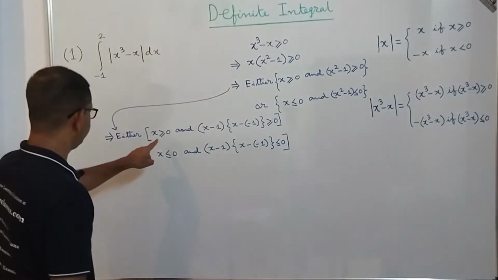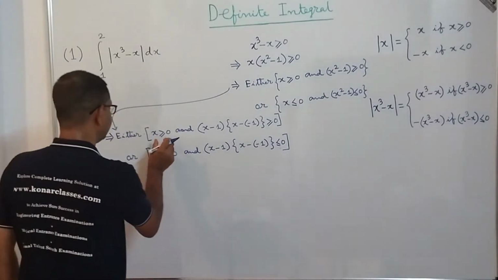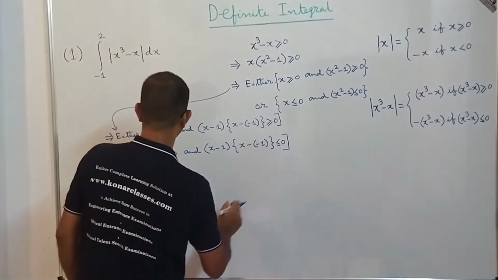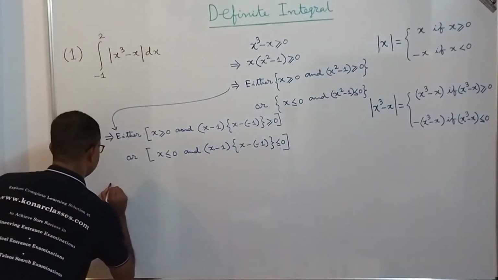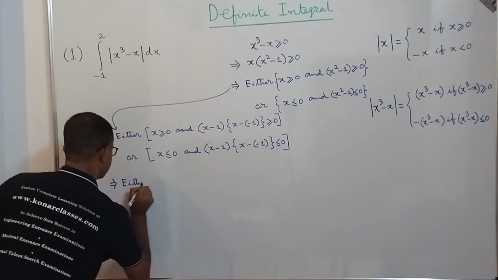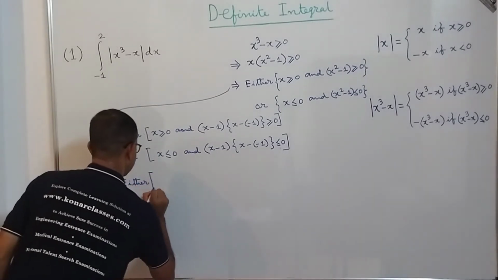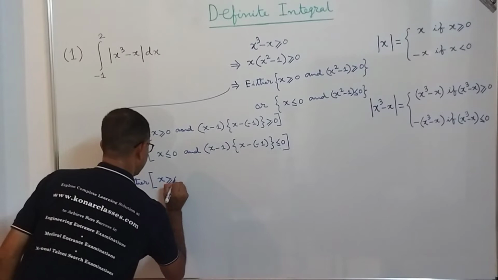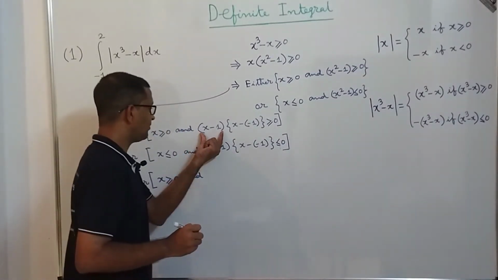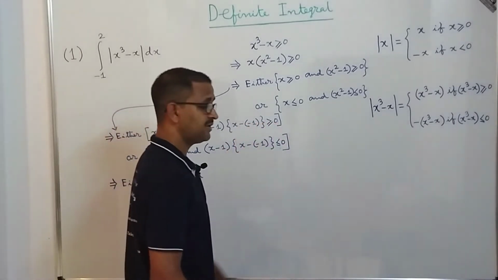Okay, now what does it mean that either x greater than or equal to 0 and (x minus 1)(x minus (minus 1)) greater than or equal to 0? This implies either x is greater than or equal to 0 and (x minus 1)(x minus (minus 1)) greater than or equal to 0.